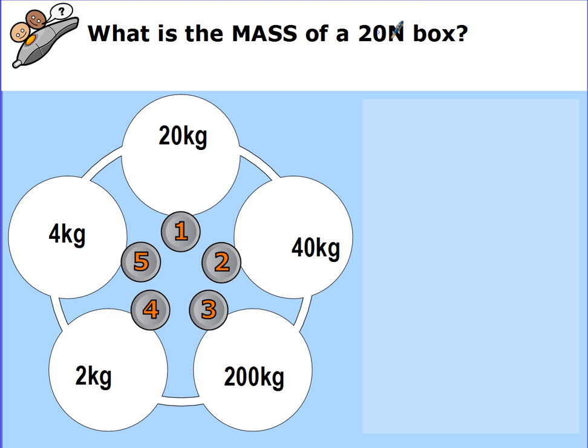Alright, what's the mass of a 20 Newton box? If I tell you something is 20 newtons, this is its weight. Now let's see, Fg is mg, so I'm looking for the mass m. To find the mass m from this, I'm going to divide both sides through by g.